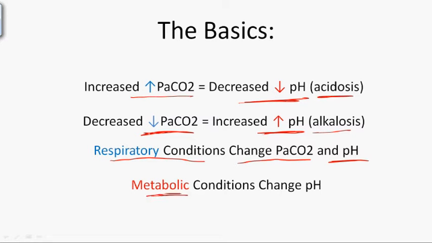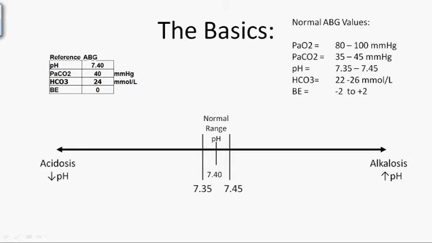Metabolic conditions, on the other hand, are just about the pH change. They don't change the CO2. That's a respiratory condition. So this is your kidneys, for example. That's one of the major factors that control the amount of hydrogen ions and bicarbonate in your system. This is usually a slow factor, and respiration is usually a faster factor. Respiration can change instantly, whereas metabolic conditions usually take a little bit of time.